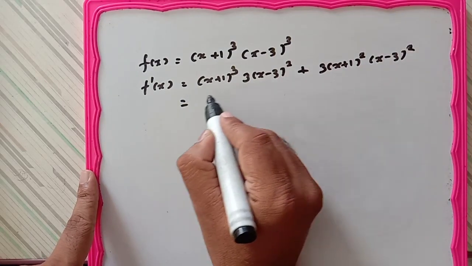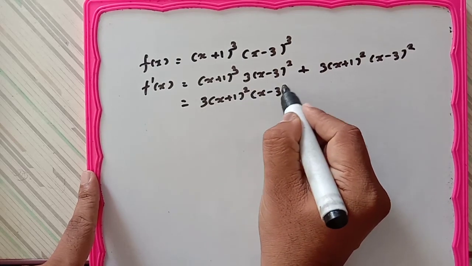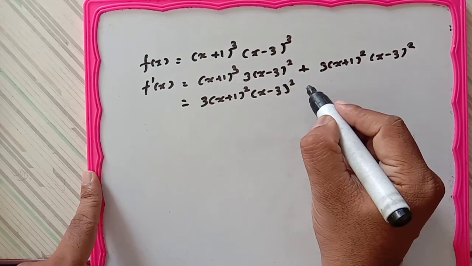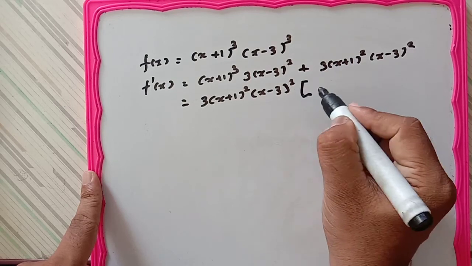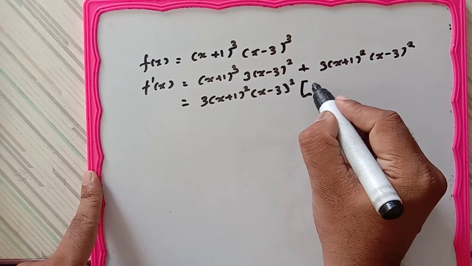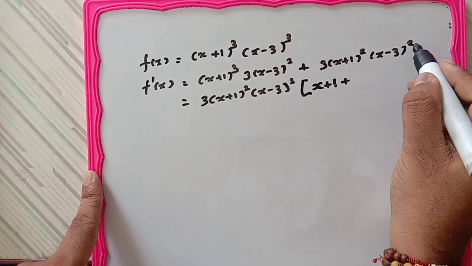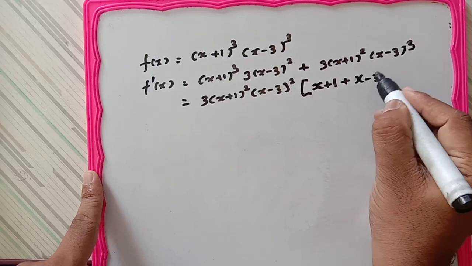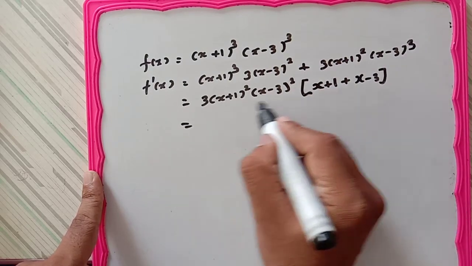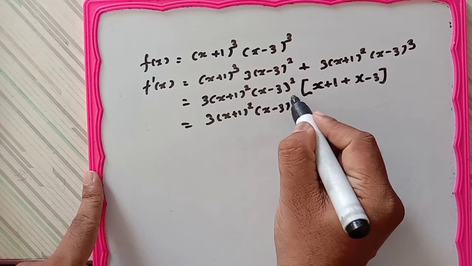And so 3 x plus 1 whole square, x minus 3 whole square we take. Then here we have x plus 1 plus x minus 3. And so here 3 x plus 1 square, x minus 3 square.